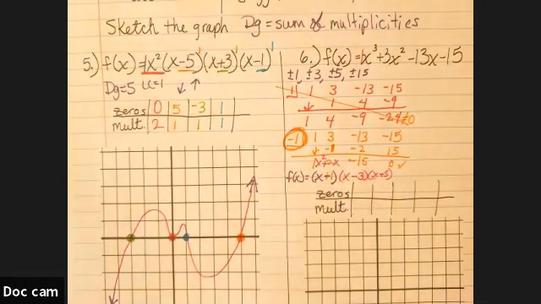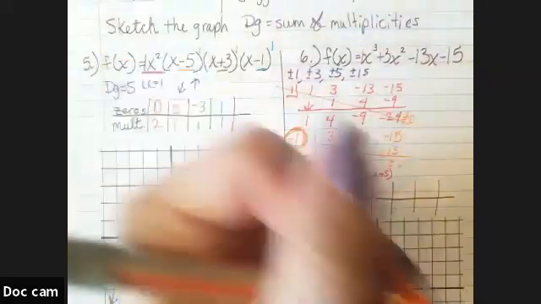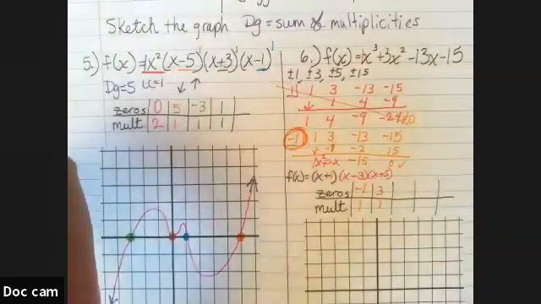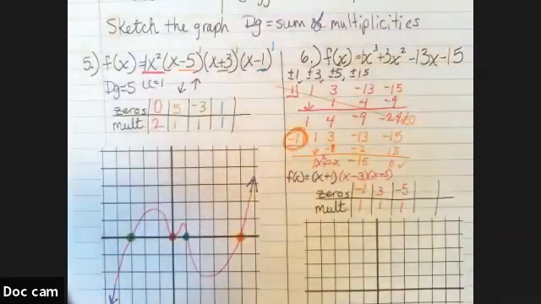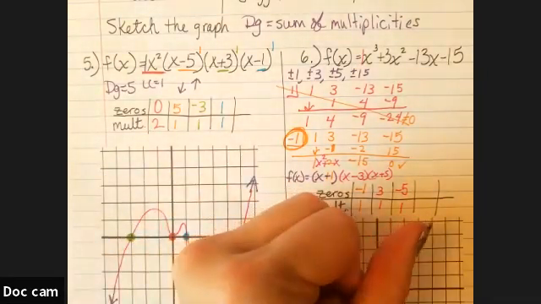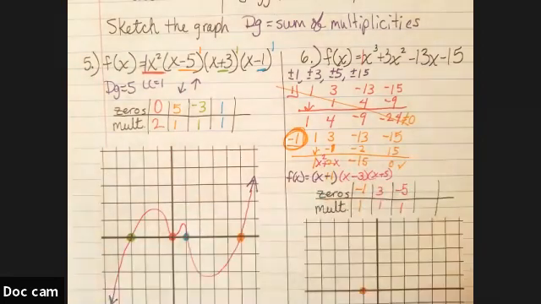So then we can see that we have a 0 at -1 with a multiplicity of 1. We have a 0 at 3 with a multiplicity of 1. And we have a 0 at -5 with a multiplicity of 1. So then we could go ahead and plot all of those.